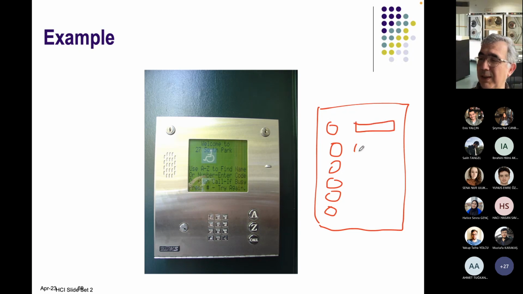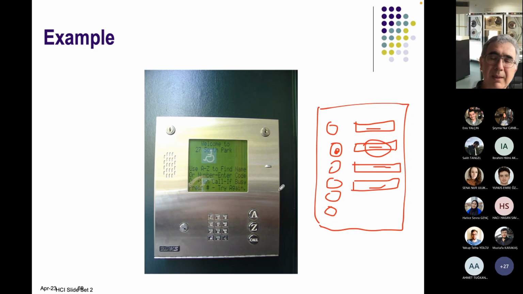One apartment was hosting like 6 families. The flats were large, apartments were relatively small, and they were street apartments. Now it says your name. So it was easy for the postman to find the name. For example, this one says Göktürk, and you press this button to ring my door. But with this complex thing, it's not easy. Therefore, which one do you prefer? I prefer this one, of course.